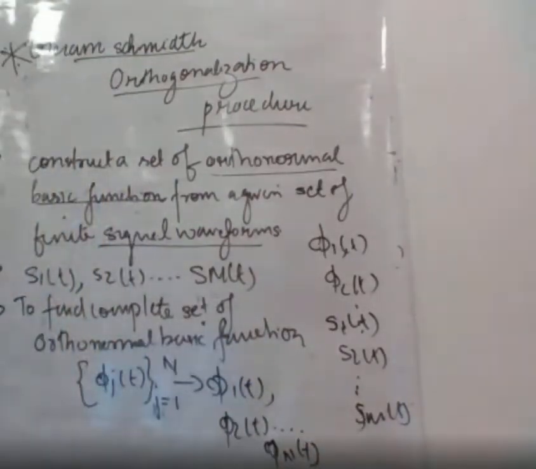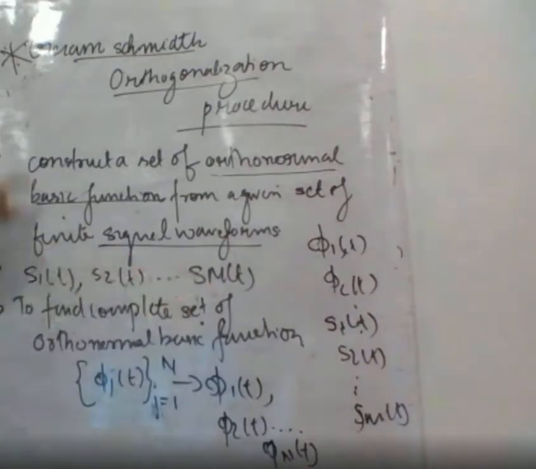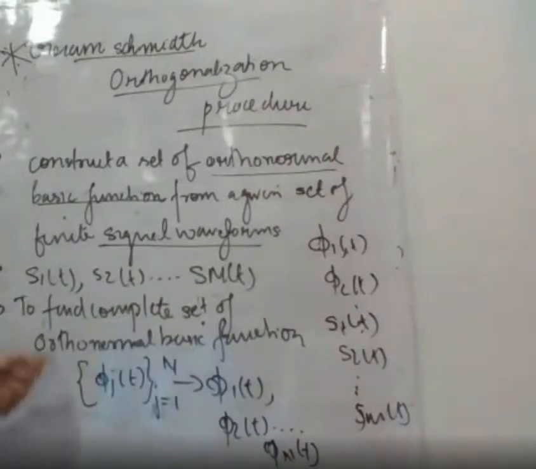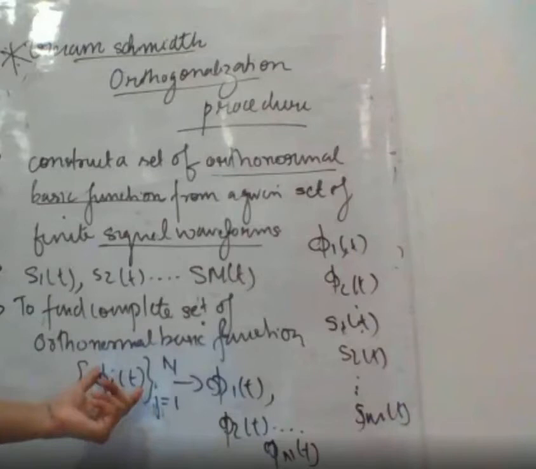So consider a set of m energy signals S1 of t, S2 of t, Sm of t. The procedure teaches us to find the complete orthonormal basis function from these energy signals.